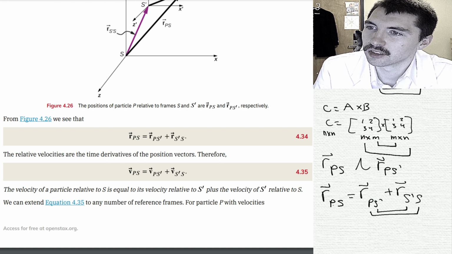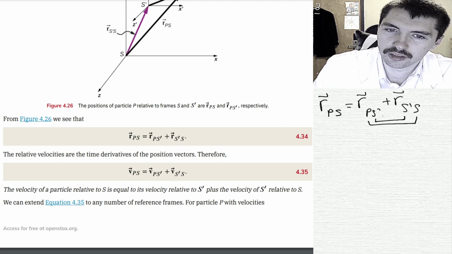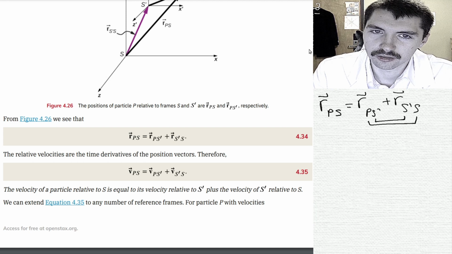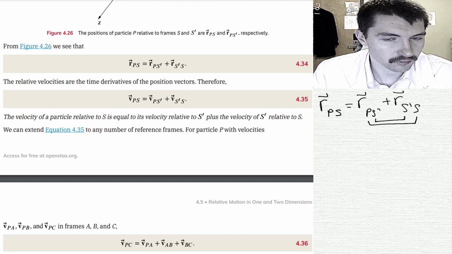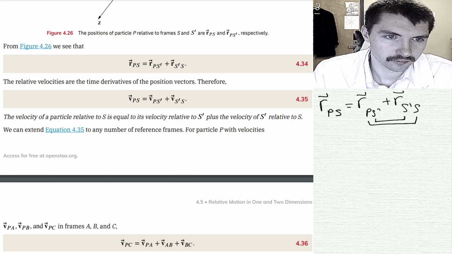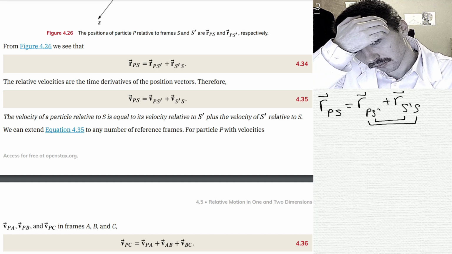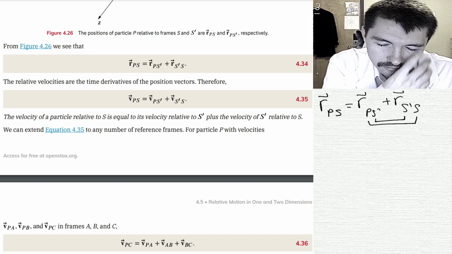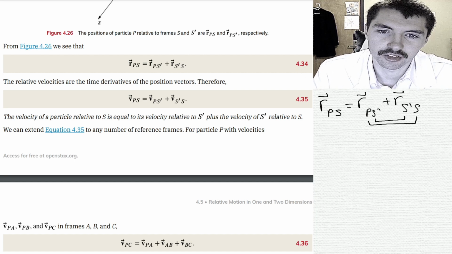It's likewise here, PS. So it should be easier to understand this with a linear algebra background involving more than just vectors. Okay, so this is the exact same for velocity.